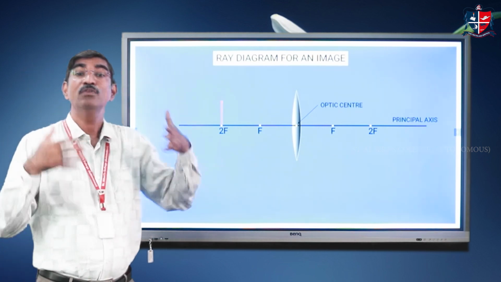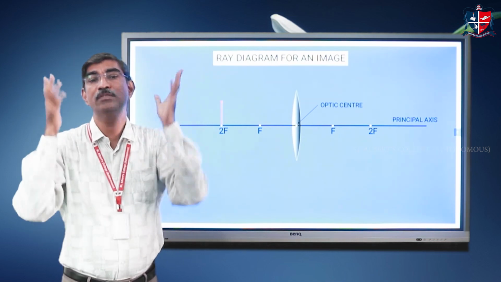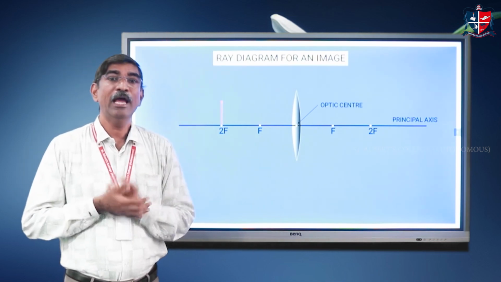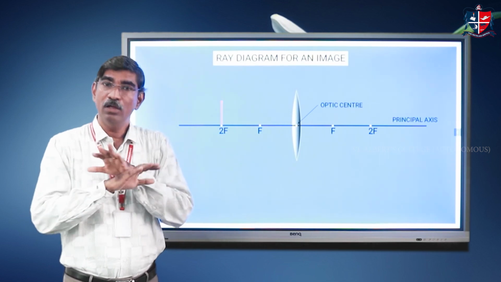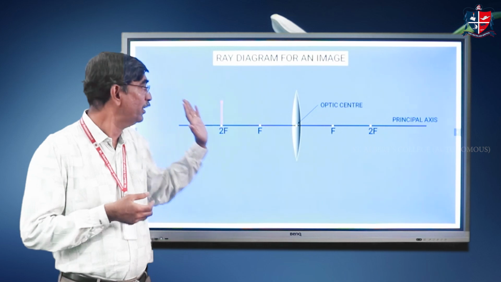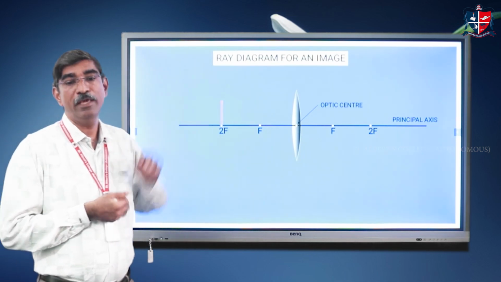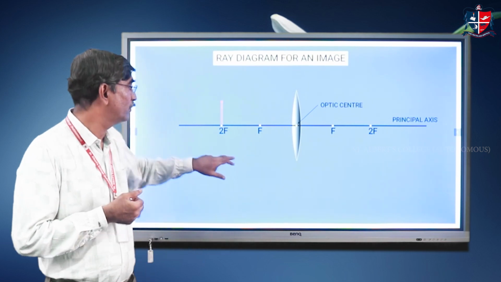Then this object produces light from all parts of this object, and we are not considering all the rays produced by the object. We are taking 2 or 3 representations.